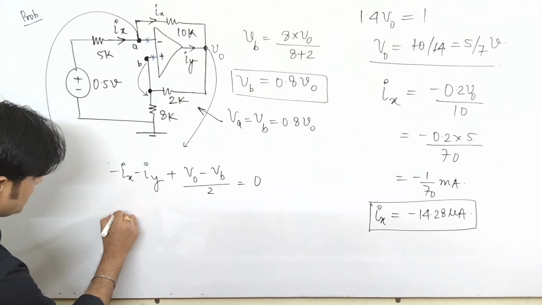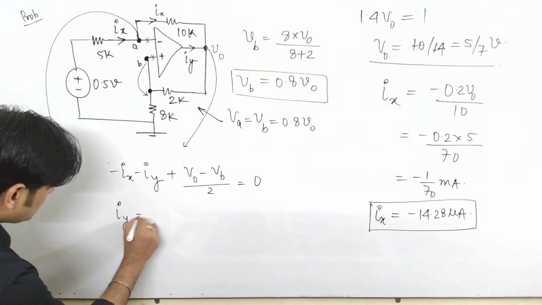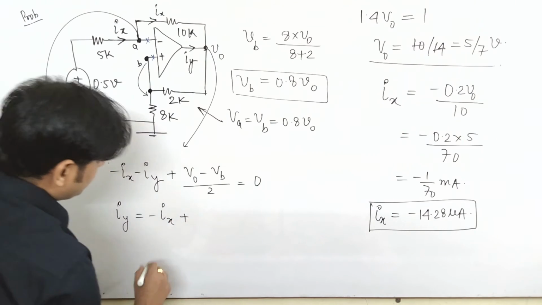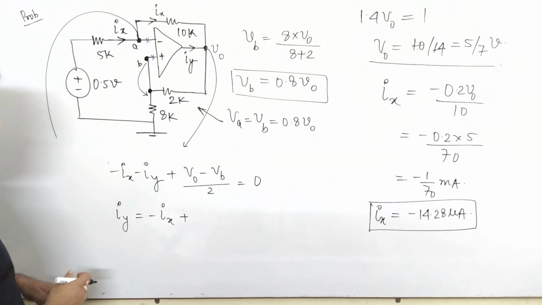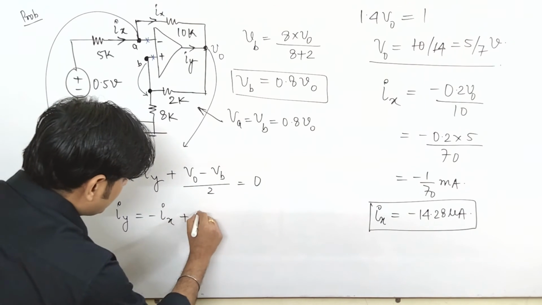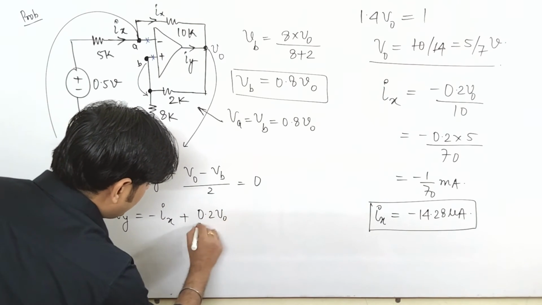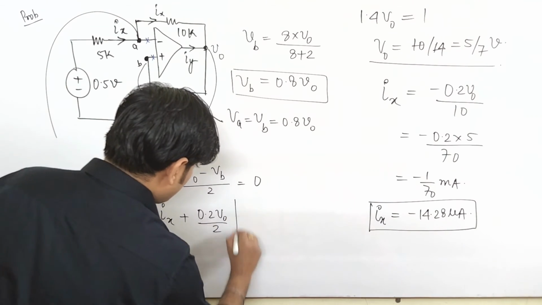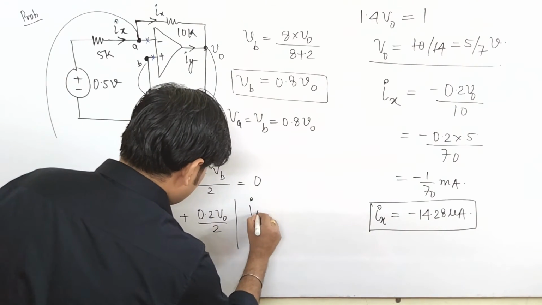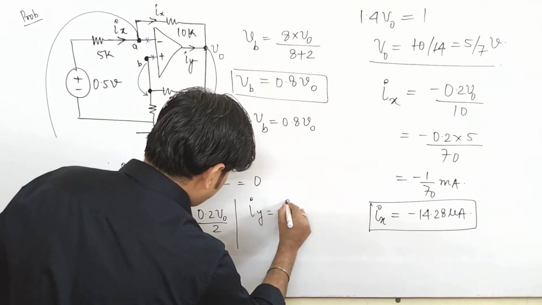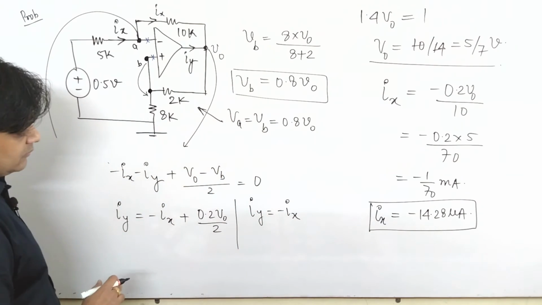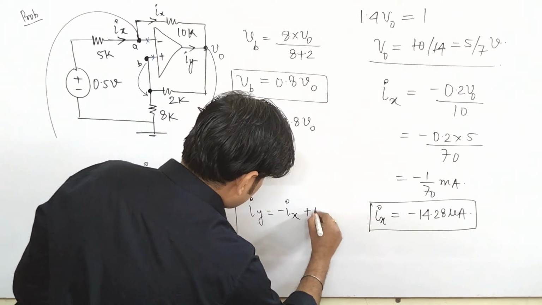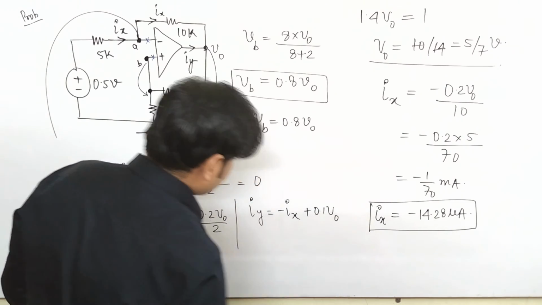So the value of Iy is minus Ix plus (V0 minus VB) divided by 2. The value of VB is 0.8 V0, so that comes to be 0.2 V0 divided by 2. So Iy is equal to minus Ix plus 0.1 V0.